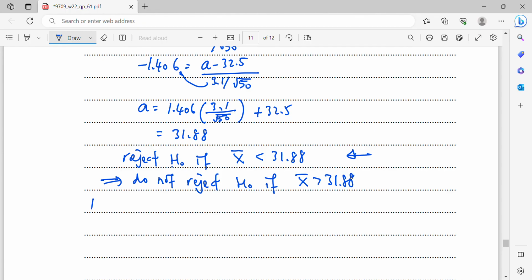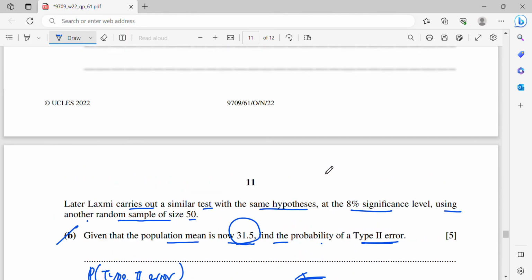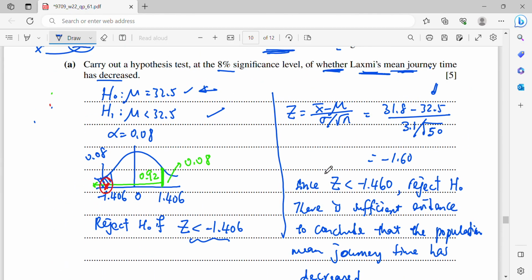Okay, so now my type 2 error probability becomes P X bar is greater than 31.88 because it is do not reject given that the H0 is wrong. So when the H0 is wrong, now my X bar is with the new distribution. So when you go back to part A, it's mentioned that your H0 mu equals to 32.5 is wrong.